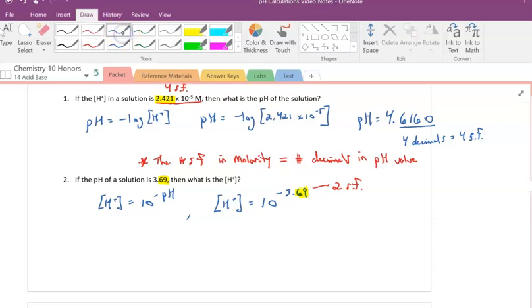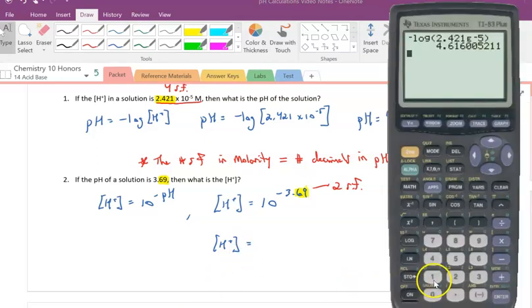So when I plug this number into my calculator, I'm going to get H plus is equal to something, and I'm only going to record the first 2 digits. So I'm going to type 10 carat negative 3.69. And I get 2.04 times 10 to the negative 4th.